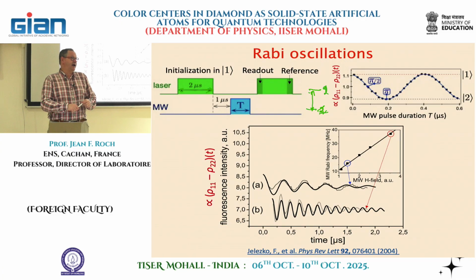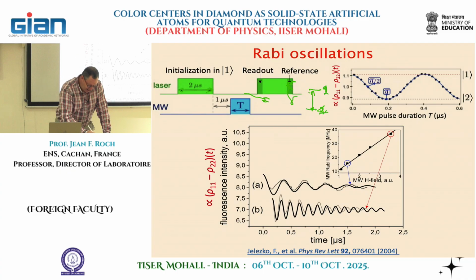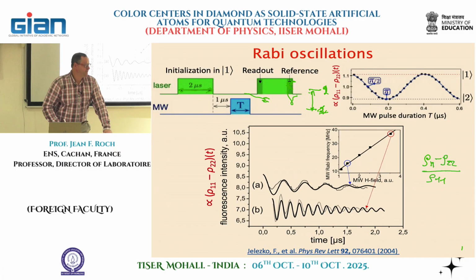And then I wait, and at the end of the green laser pulse, I'm again in the ms equals 0 state, so I can use this as the reference intensity level. By just comparing the two signals, I have measured the population rho 11 minus rho 22 divided by rho 11. Okay?